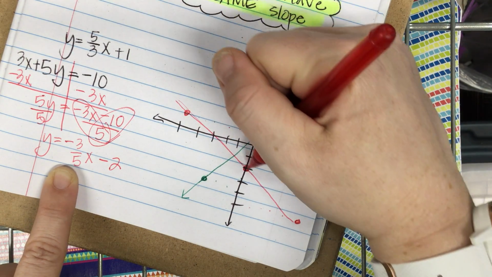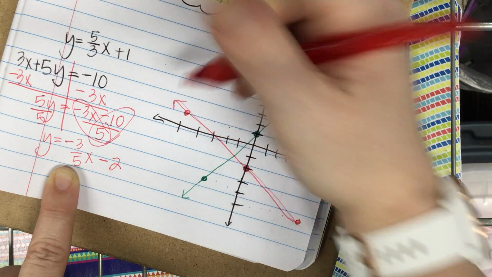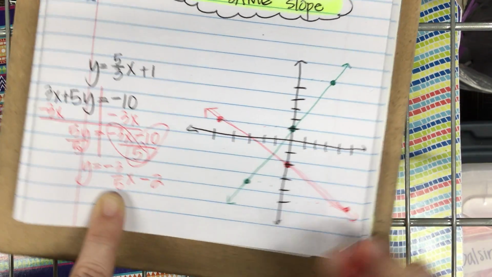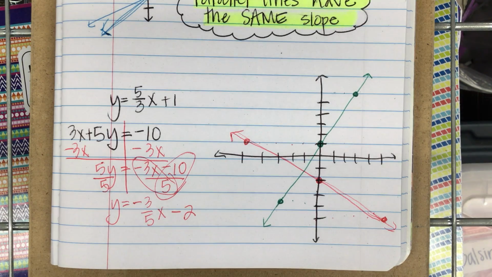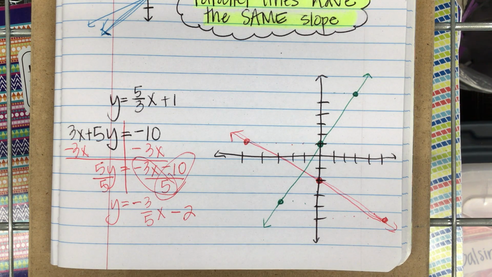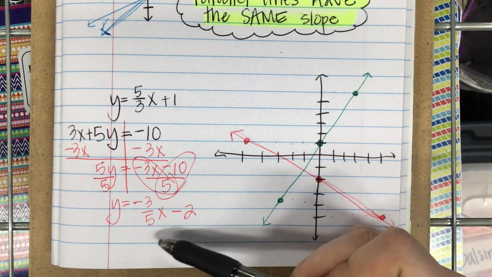Now again, I'm not a robot, so my lines aren't perfect. But those are not parallel, those are perpendicular. So, I had some good guesses. I heard someone predict that the slope would be, instead of 5 over 3, which was our first slope, 3 over 5. It's close.